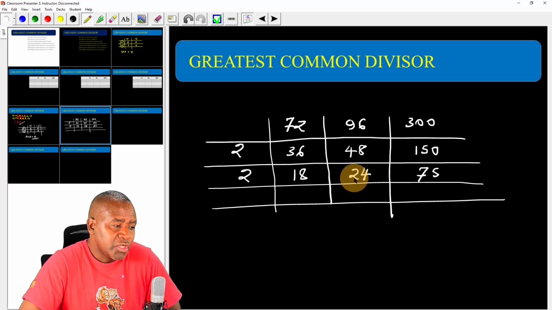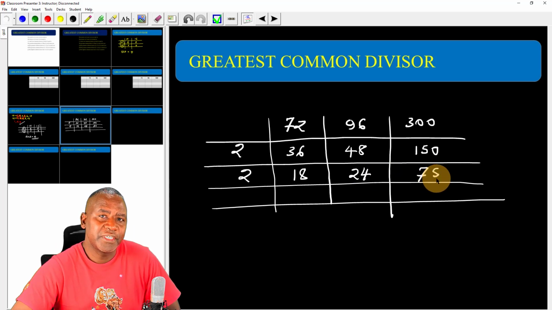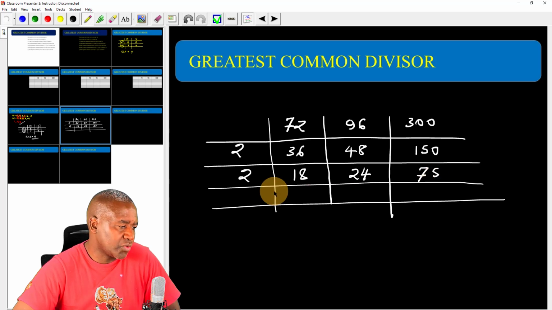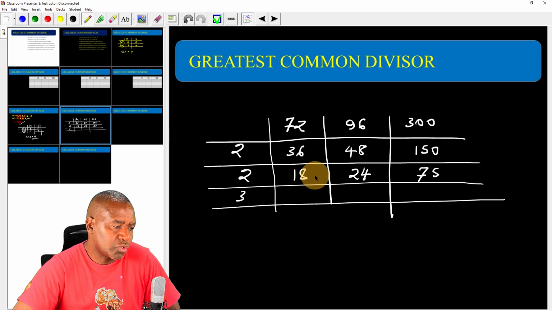Yes. 2 plus 4 is 6. Is 6 divisible by 3? Yes. 7 plus 5 is 12. Is 12 divisible by 3? Yes. So 3 is a common factor to 18, 24, and 75.